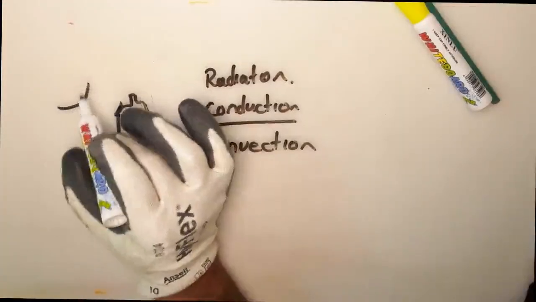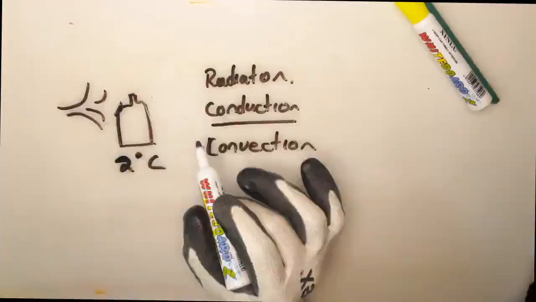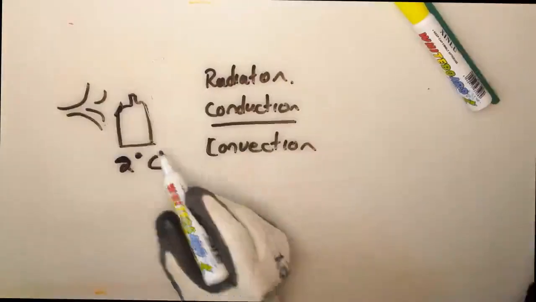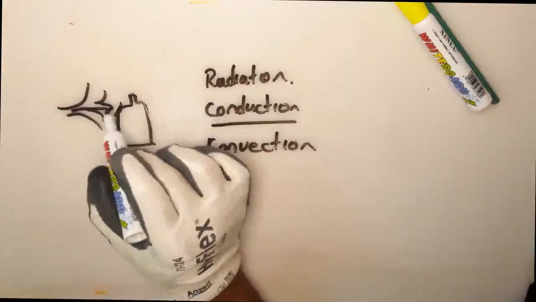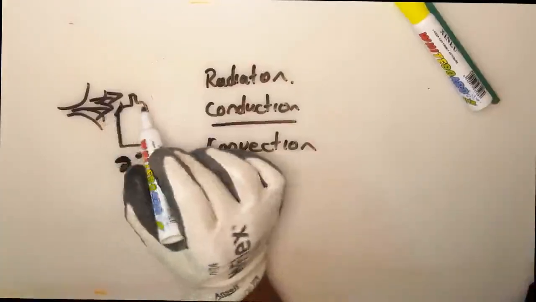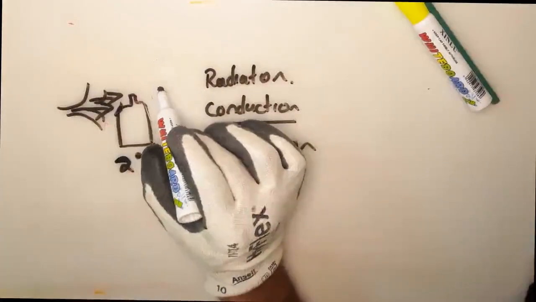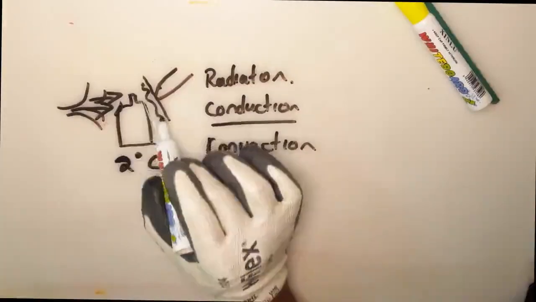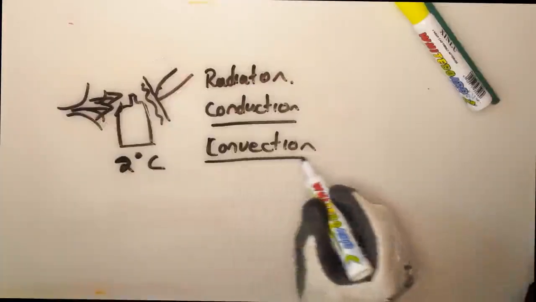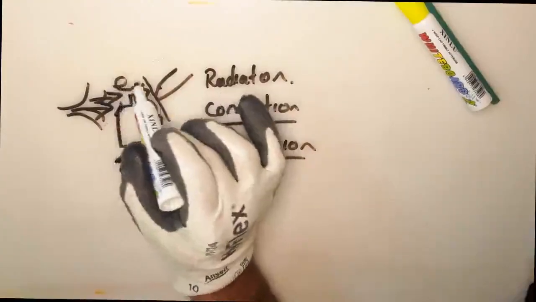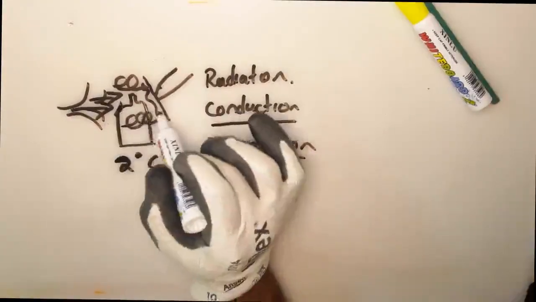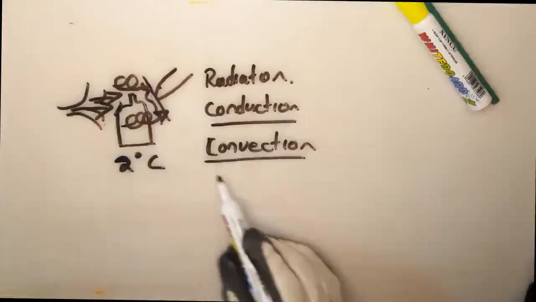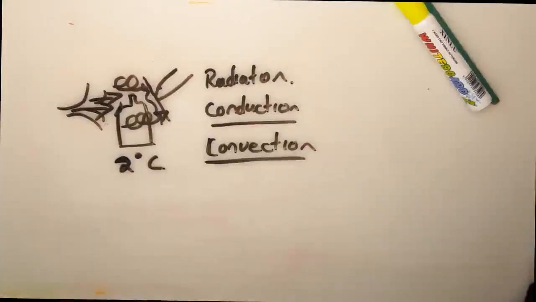And if I blow here, I'm not going to draw lips, but if I move air over the bottle, and if I place my finger or my hand here, it's going to feel cold, because that is my convection. My heat is being moved by the air in the state of convection.